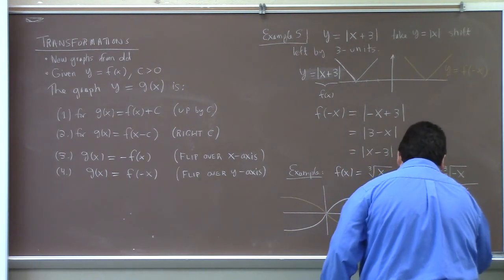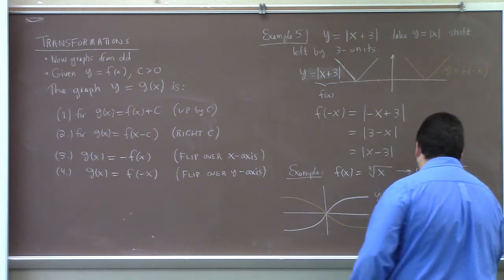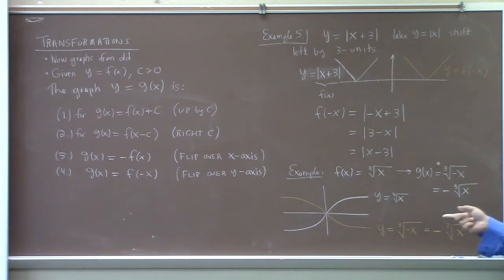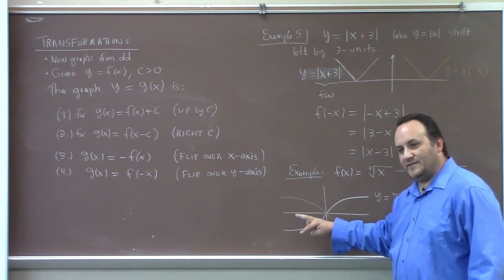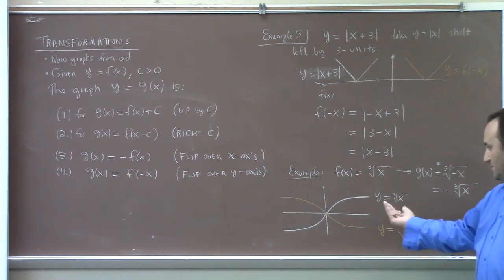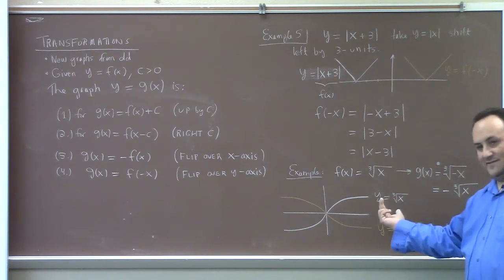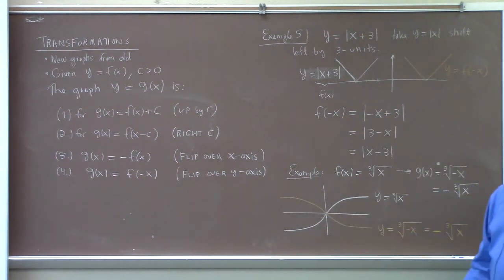So you can see this actually as an example of two transformation rules at once, right? On the one hand, it's an example of number 3. We're flipping the graph, what? Over the x-axis, right? It's like you flip the white chalk over the x-axis, you get the orange. But also, if you flip the graph over the y-axis, this is a kind of funny function.